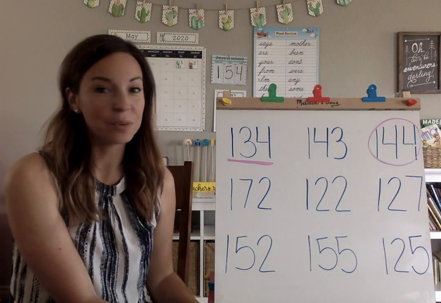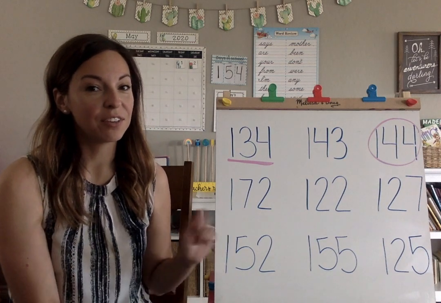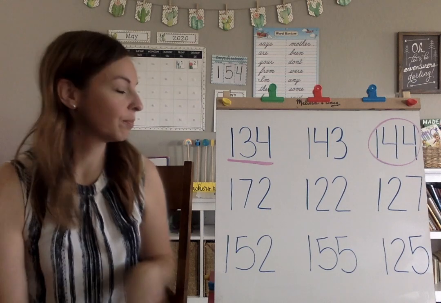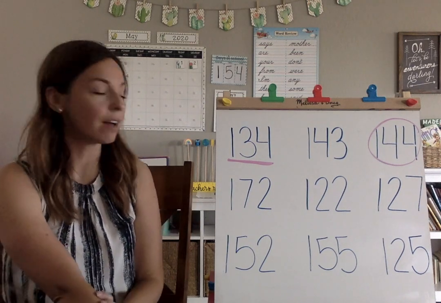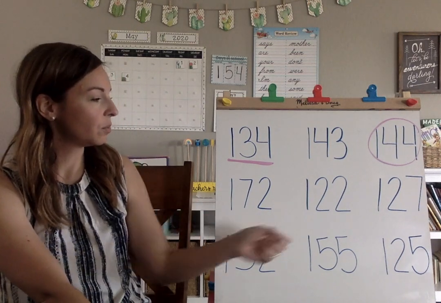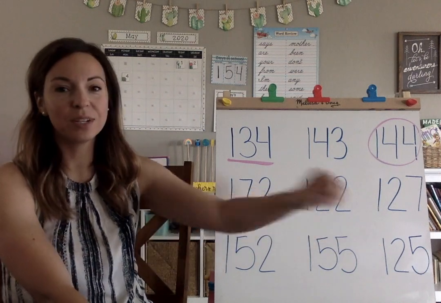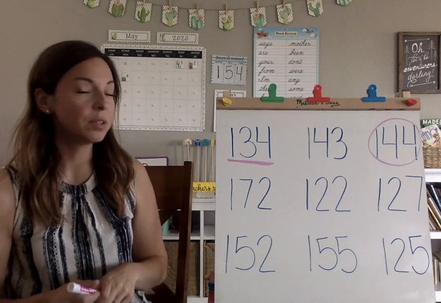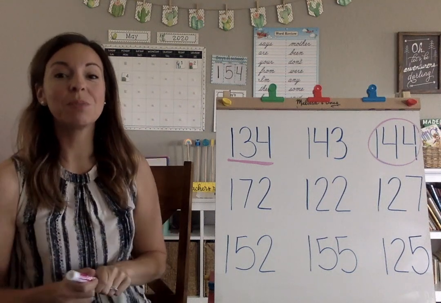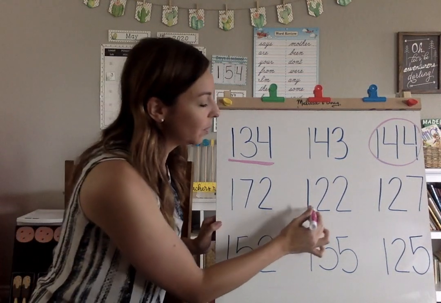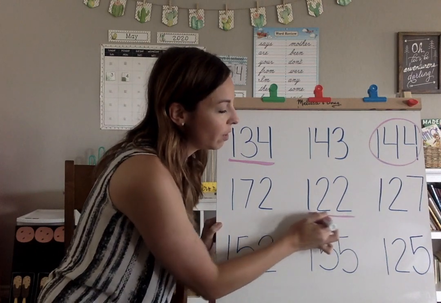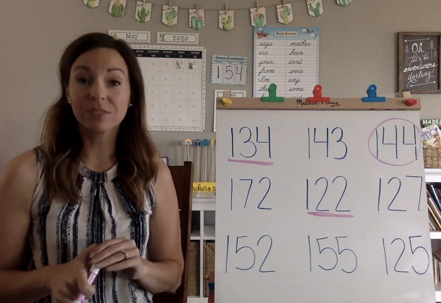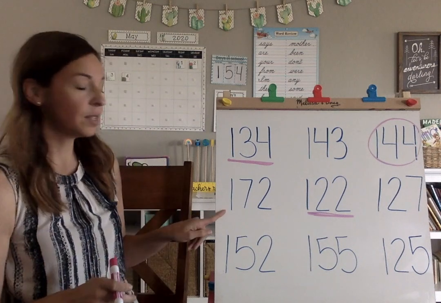All right, if you are watching this now, you should have done your work. Let's get ready to check our answers. Okay, for the second line, we have 172, 122, and 127. So out of these three numbers, my least or smallest number is 122. So you should have underlined the 122. And my greatest number out of these three is 172.